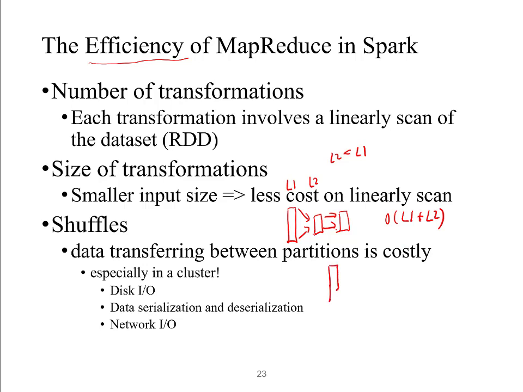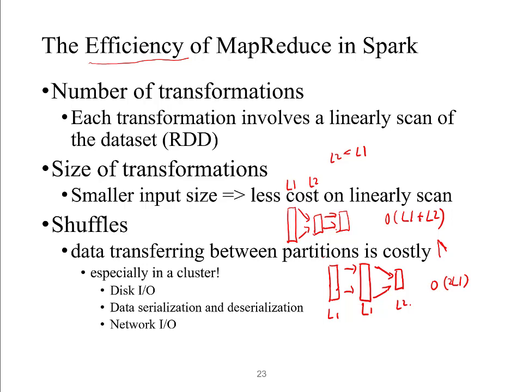But let's say we do the filter as the final step, then the cost of linear scan would be 2 times L1, which is larger than the previous case.